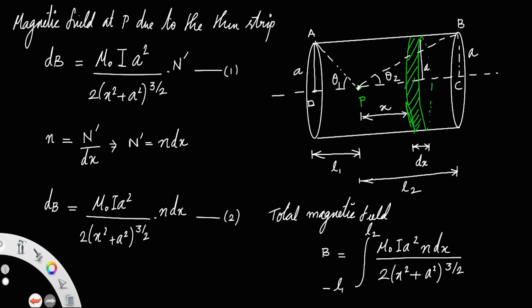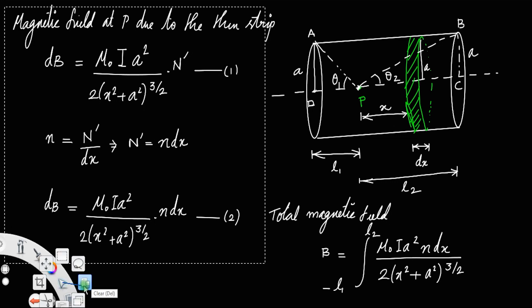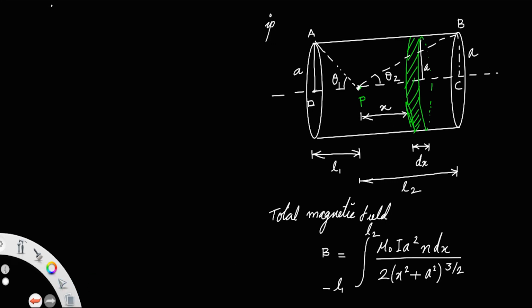So the equation becomes, before that, if you consider this triangle ADP, this one is D, we have cot theta 1 equal to adjacent, that is L1, divided by opposite side A, implies L1 is equal to A cot theta 1.